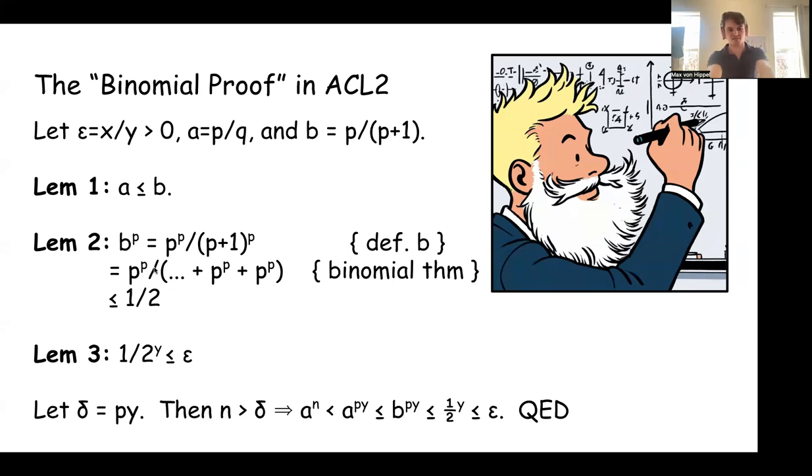So essentially we get p to the p over some stuff plus 2p to the p, which is less than or equal to 1/2. And at that point, we're off to the races because it's very, very easy to prove that if I have a number that's less than 1/2, that as n goes to infinity, that number raised to the n goes to 0. That goes through very quickly in ACL2 with very little work. So the theorem pretty much immediately follows.